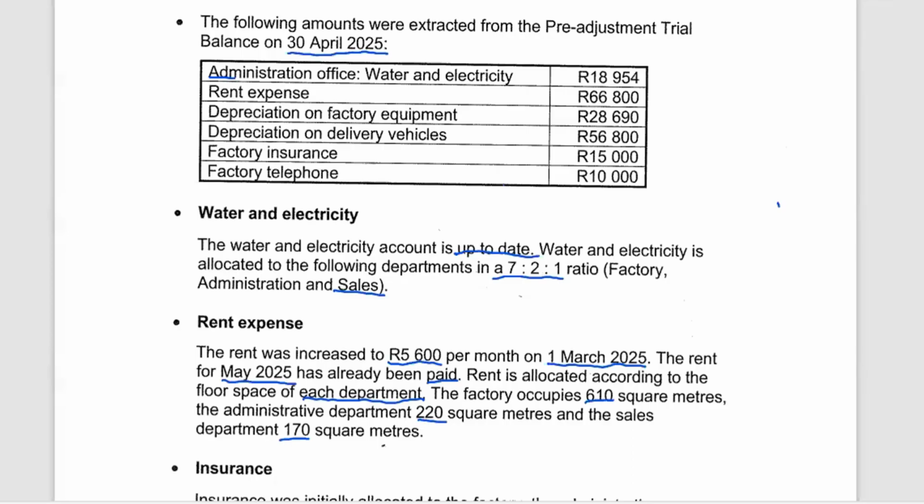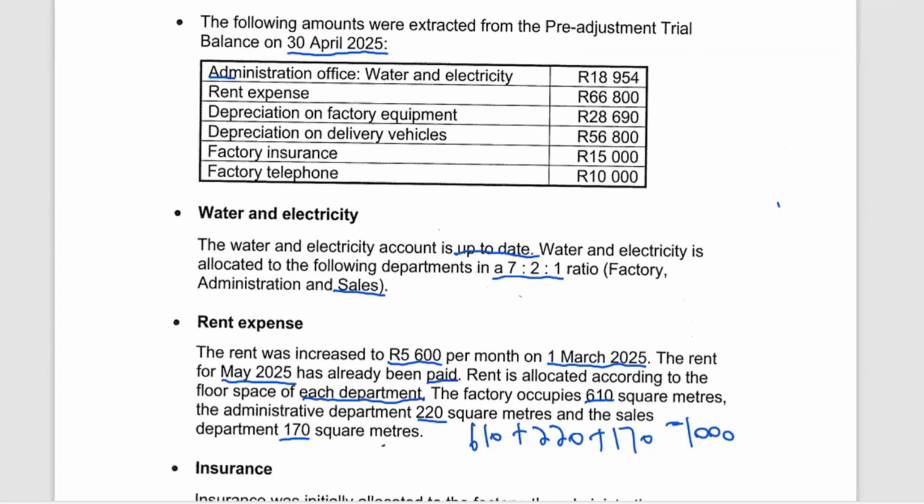2025. Rent is allocated to the floor space of each department. The factory occupies 610 meters, the administration 220, and the sales department 170. So now we're going to calculate our total floor space. 610 square meters plus 220 plus 170. Then we get our total floor space of 1,000 square meters.